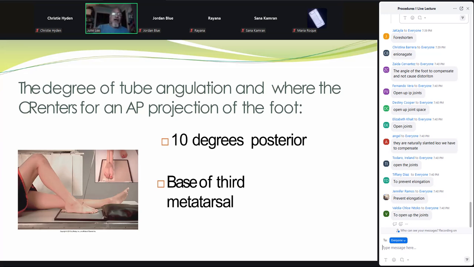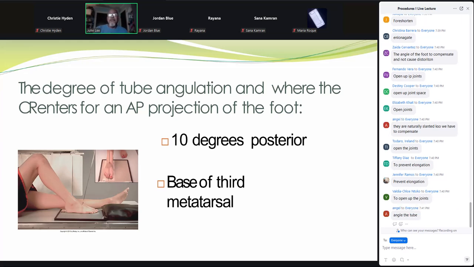So now my next question is, if the patient can't set their foot flat, how do we minimize that elongation and foreshortening and shape distortion when we do that AP foot? What's a good method of figuring out how to angle our tube when the patient can't set their foot flat and we can't start from 0 and angle 10 degrees?